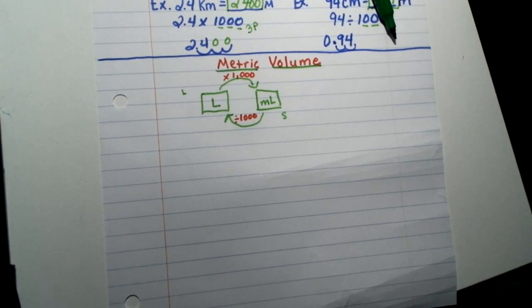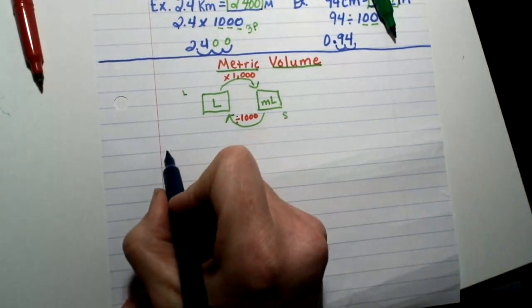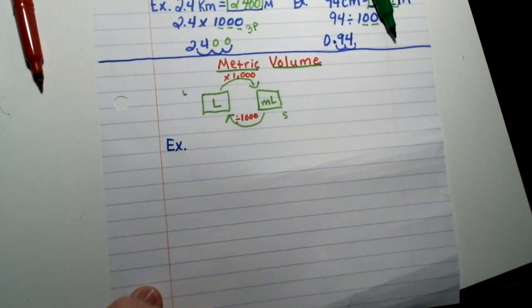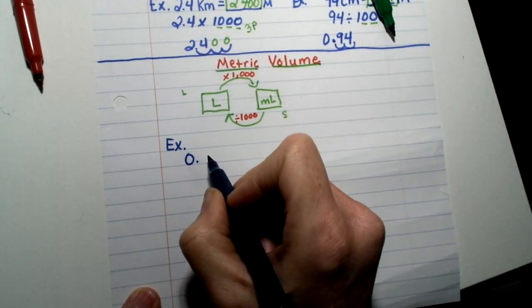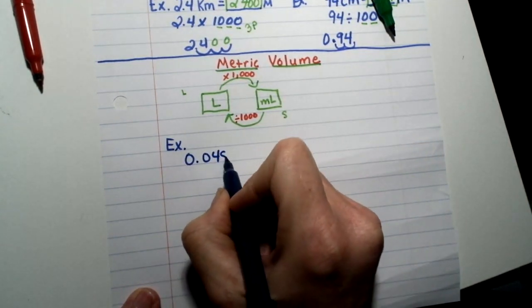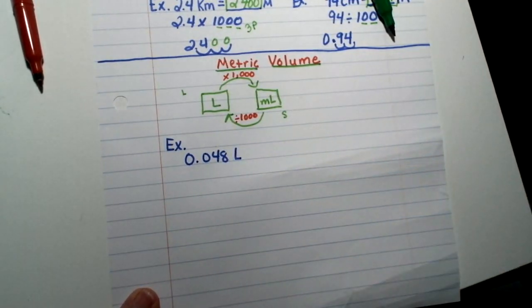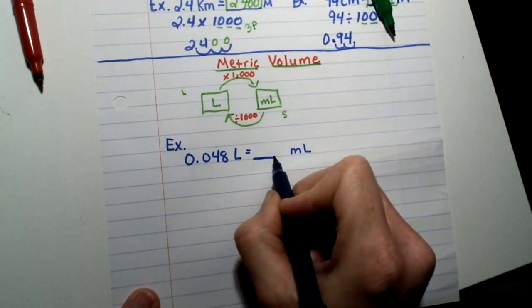Let me find my examples that I made. Here we go. So our first example for today is going to be, let's say that we had 48 thousandths of a liter, and they wanted us to figure out how many milliliters that would be.